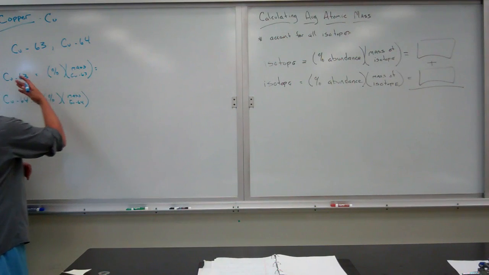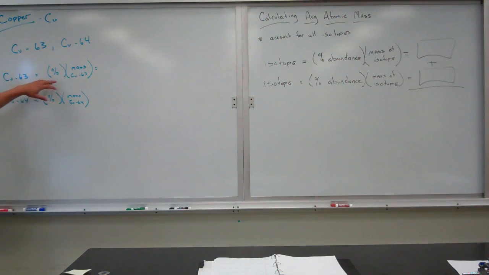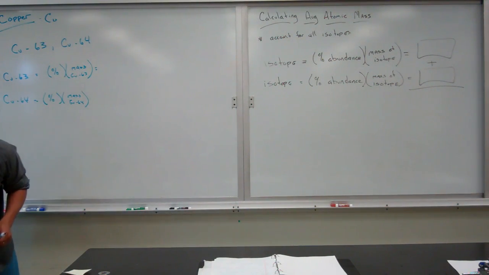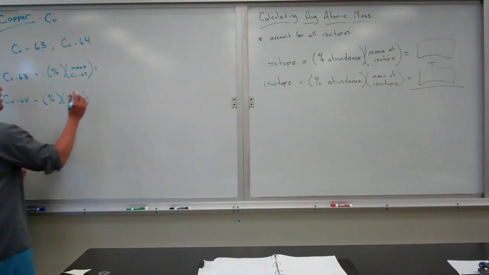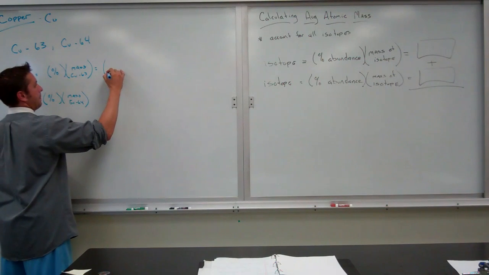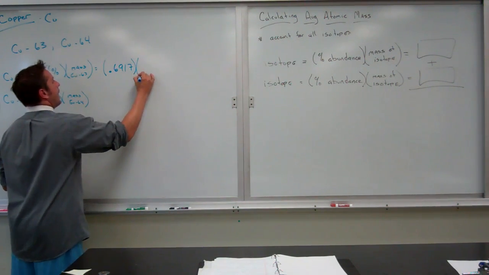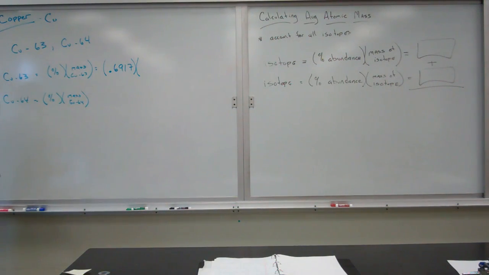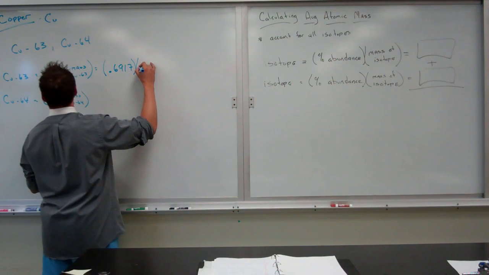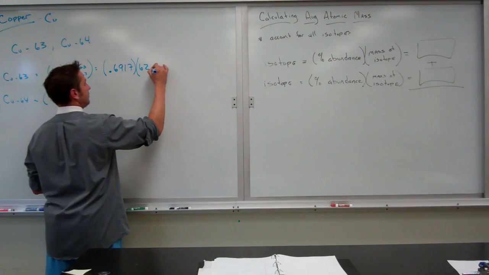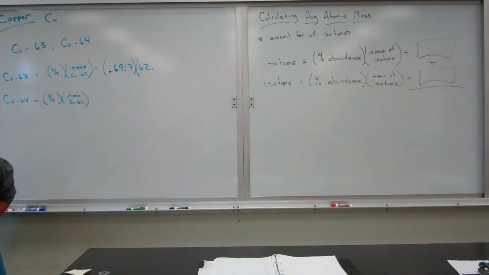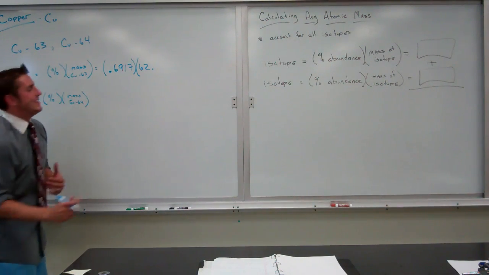So, if you look up information about Cu-63, I could tell you its percent abundance is 69.17%. I can tell you that its mass is 62.929599.